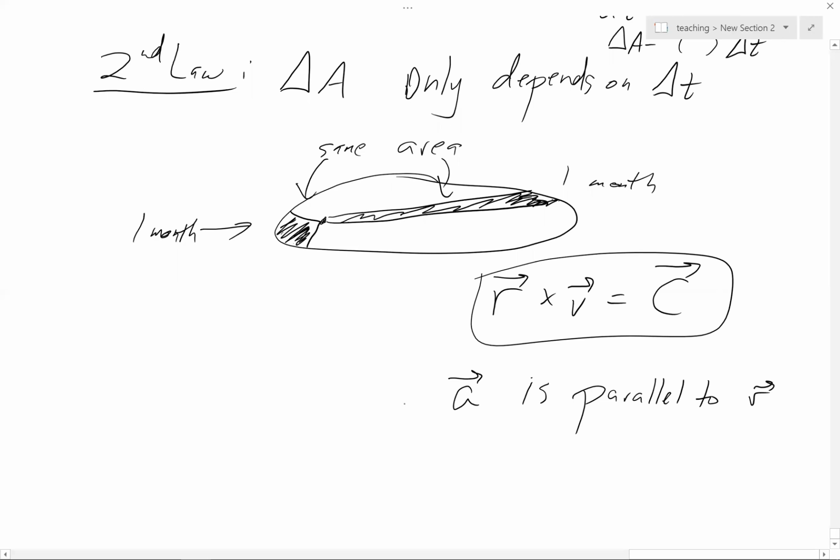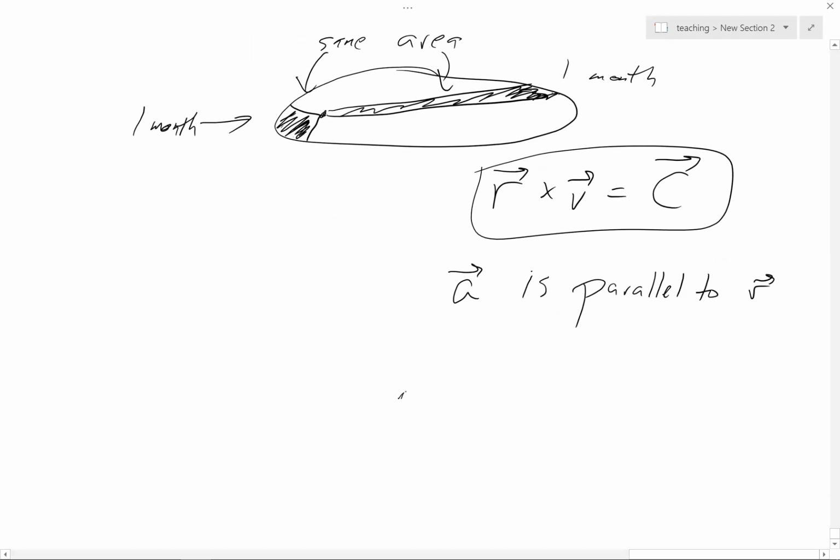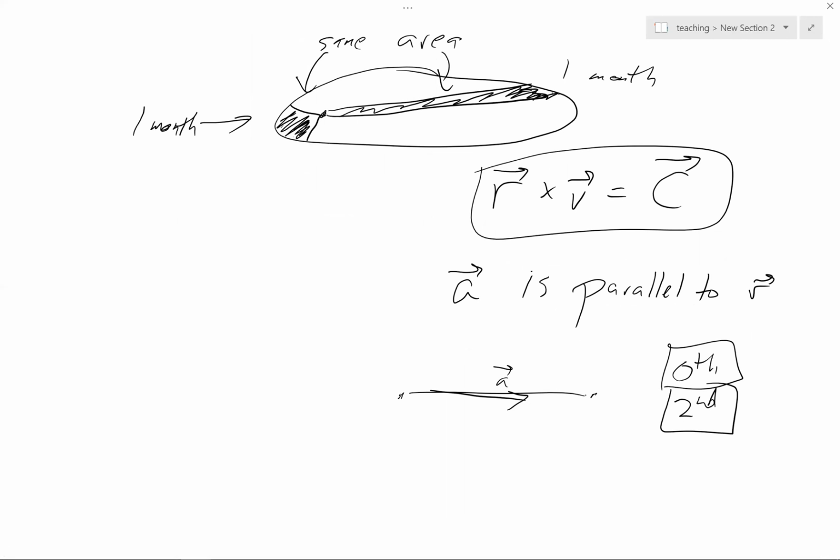Anytime the acceleration is in the direction of the position vector, the separation vector, you're going to have the zeroth and the second laws, where all the motion stays in a plane and sweeps out equal areas in equal times. And then in the next video, we'll use more of the law of gravitation and show that in this case you actually get an ellipse, well, I say an ellipse, but it really could be any conic section.